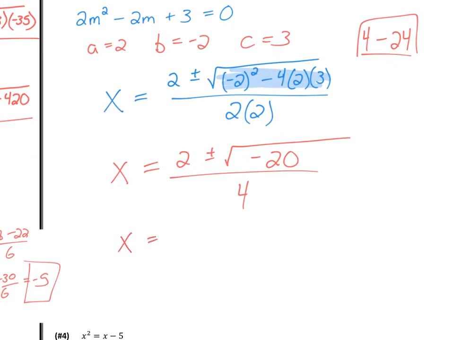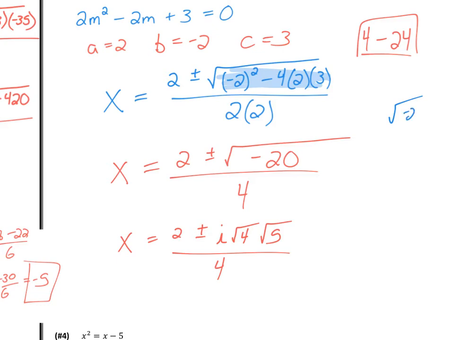So now we have x equals 2 plus or minus the square root of negative 20. And it's a negative and a square root, so we're going to take out an i. And 20 is 4 times 5. So again, I'm going to go off to the side.